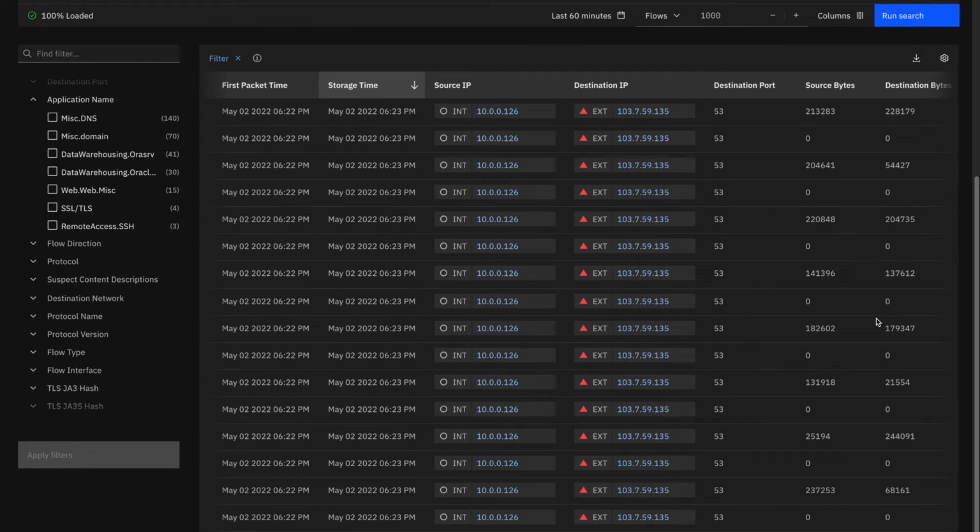And what we're seeing is the communication is taking place on destination port 53. Destination port 53 is a common data exfiltration port, specifically DNS tunneling, right? And how can we confirm, from the standpoint of flows, why this is data exfiltration, besides the fact that it's on destination port 53?